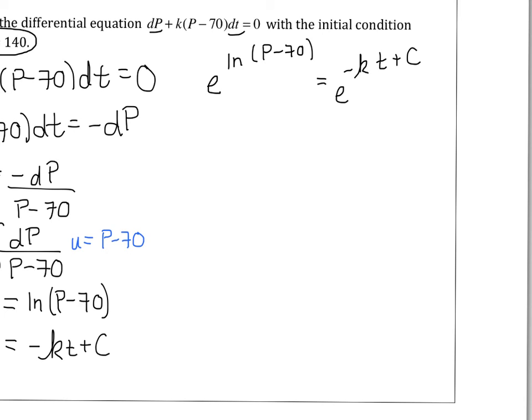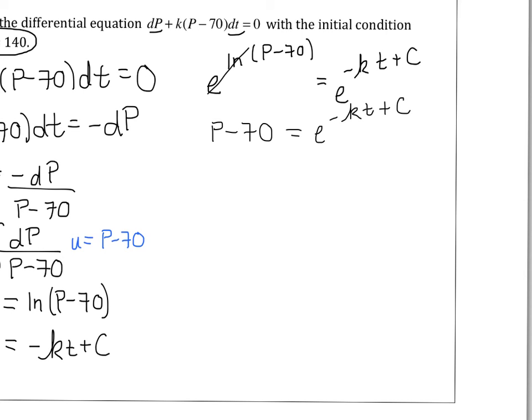Now if we look on the left-hand side, there's nothing preventing us from canceling the e and the natural log, nothing in the way. So we'll do that, and we'll be left with p minus 70. And then on the right, there's nothing to cancel because there's no natural log on the right. So we're just going to leave it as e to the negative kt plus c.